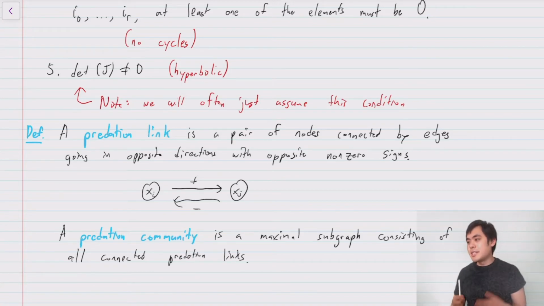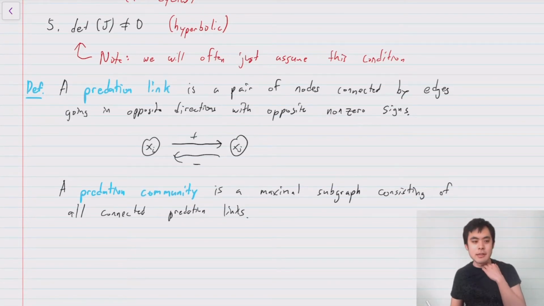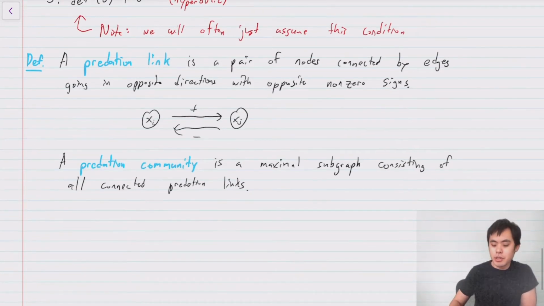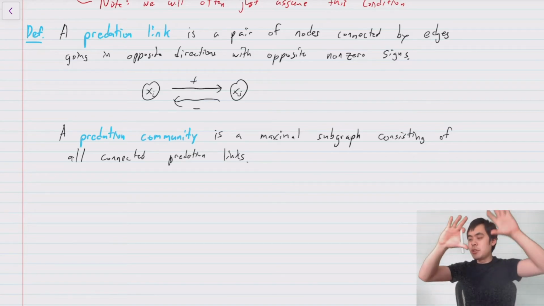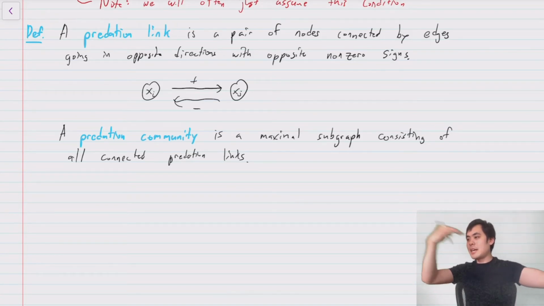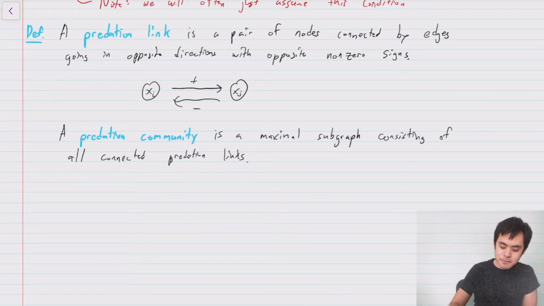So you can just think of this as a connected component of the graph. Since we're working with these sign digraphs, we're just defining a connected component, and we're calling it a predation community because these are the communities of organisms that eat each other, basically. And this is definition 5.9.